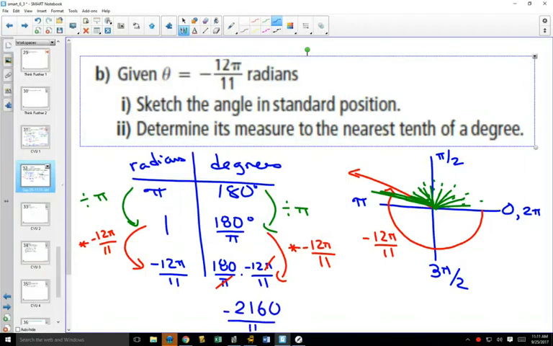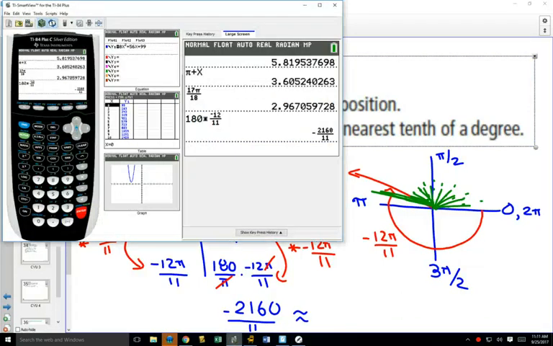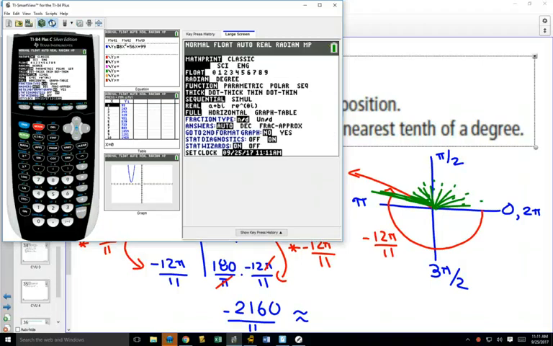But we wanted to know what it was approximately as a decimal. Some of your calculators will give you the decimal right away. It depends a little bit what mode your calculator's in. I have my calculator's mode set in math print, and it shows up right at the top. Some of you would have to scroll down to the bottom to see that math print. That math print is really nice.